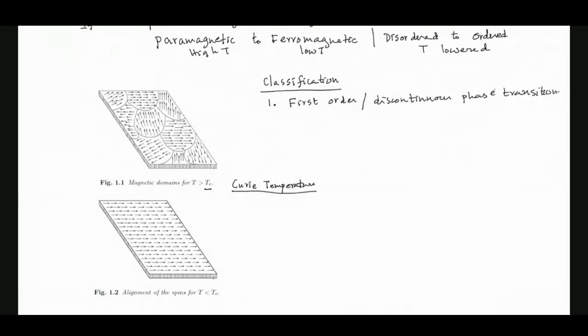For example, take this kind of phase diagram, where this is pressure and this is temperature, what we call a PVT system. That means any gas, liquid, solid kind of phase transition.